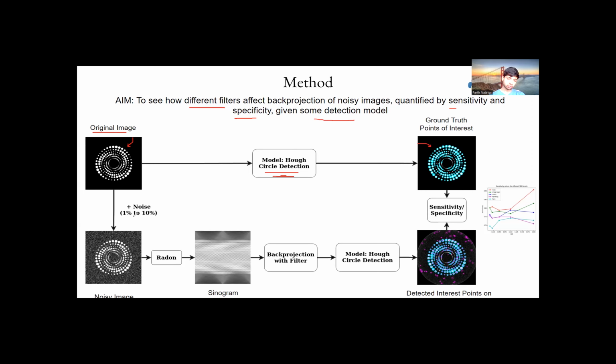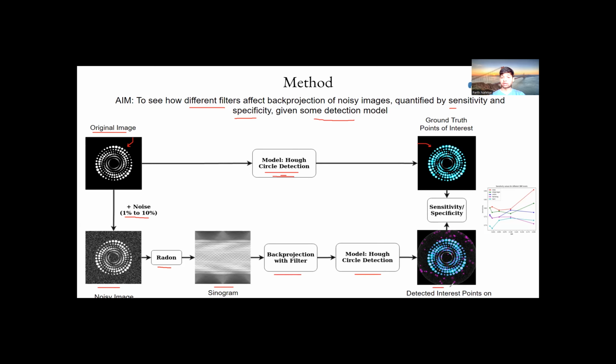So to simulate that, we add some noise to the image of the order of 1% to 10 or 20% in increments, and we have a noisy image here. We take the radon transform to get the sinogram, and then we back project this with different filters. And we pass the back projected image again through the same circle detection model.